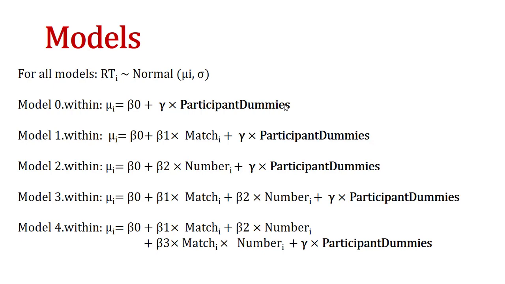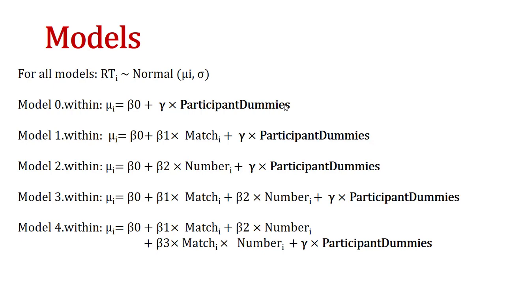Because in within subjects we violate the assumption of independence of observations, since the observations contributed by the same participant are not independent, we use participant as a variable.